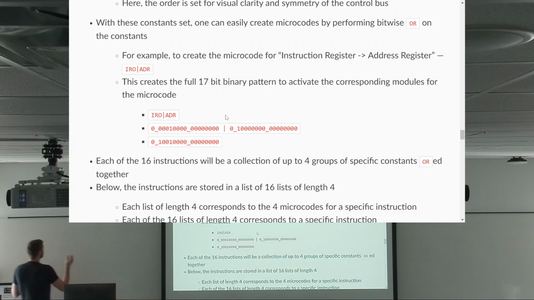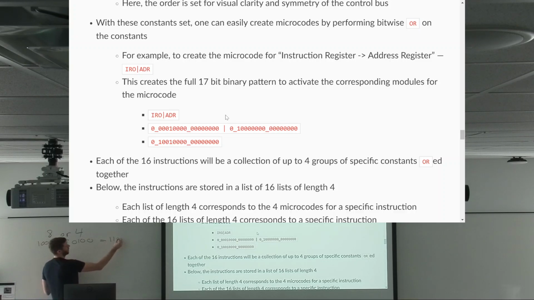If I were to say, take the number 8 OR 4, you're like, oh, that's clearly 12, and you're left going, what? That's stupid, right? Well, why? 1, 0, 0, 0 and 0, 1, 0, 0, if you OR that, you get 1, 1, 0, 0. So it is 12.